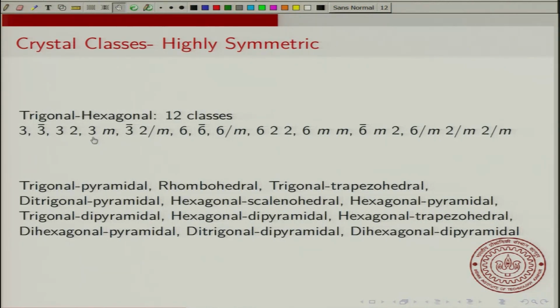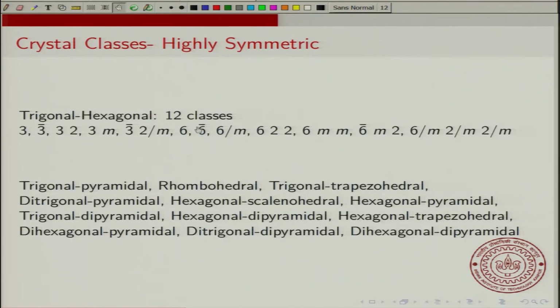If you have a 3-fold axis and a mirror, then it is referred to as ditrigonal pyramidal. So, if you have just a 3-fold axis, it is called trigonal pyramidal. If you have a 3-fold axis with a mirror, it is referred to as ditrigonal pyramidal. Similarly, if you just have a 6-fold axis, then it is referred to as hexagonal scalenohedral.